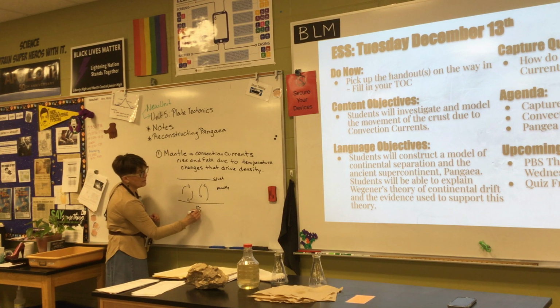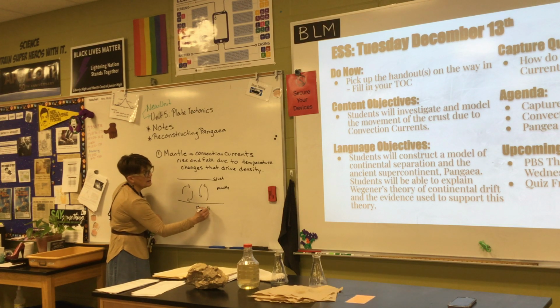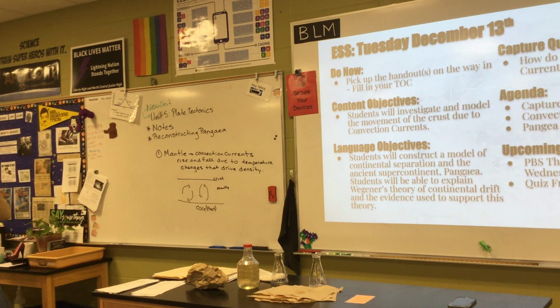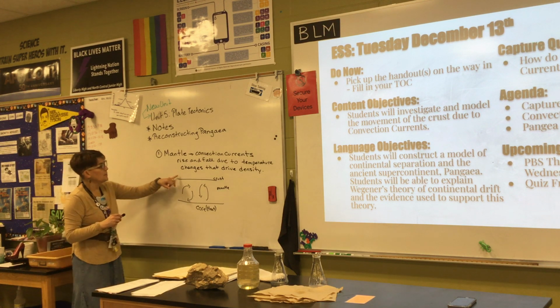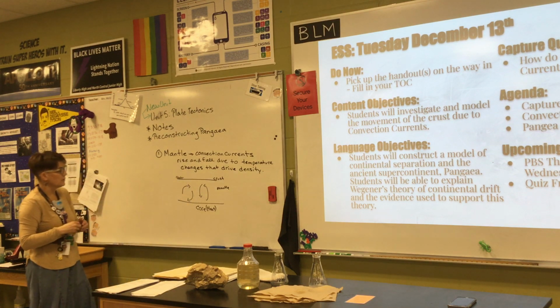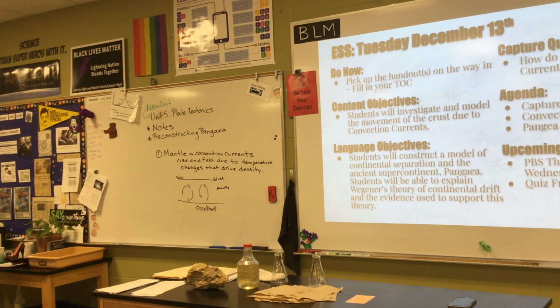The core. And so that's where the heat comes from. I'll say core and heat. That's where the heat comes from, and it changes the density that makes that mantle rise. Up here is cooler, so I'll write cooler up here. So we have temperature differences that are changing the density.